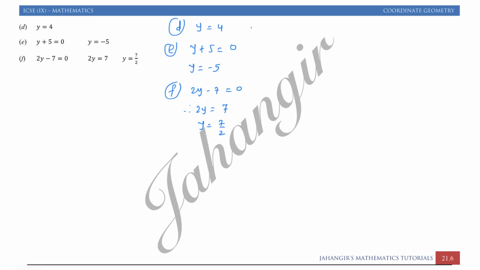In each of the three you will notice we don't have an x value. In the previous ones, A, B, C, we had only x equal to some values, and in D, E, F we have y equal to some values. So whenever we have a graph of the form y equal to a constant, it is always a horizontal line.